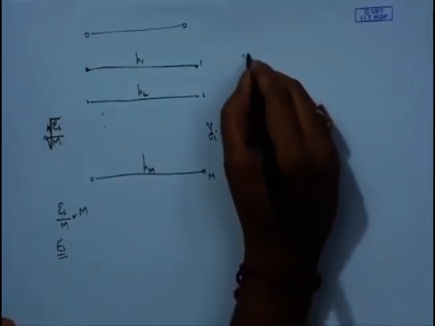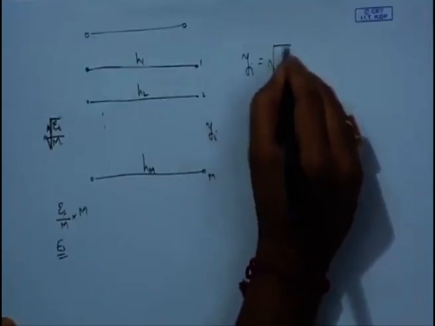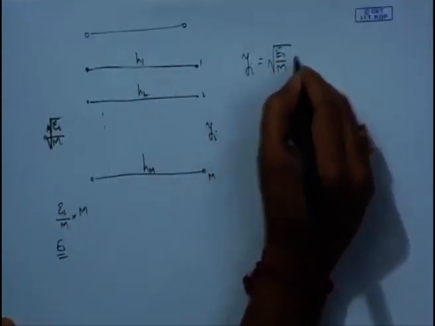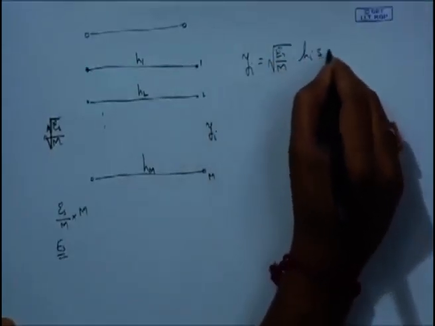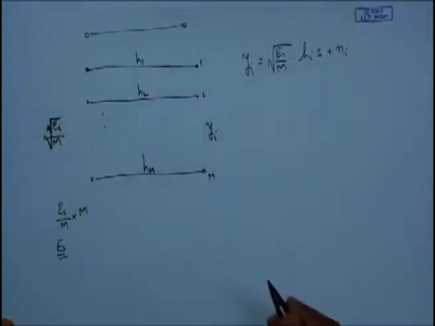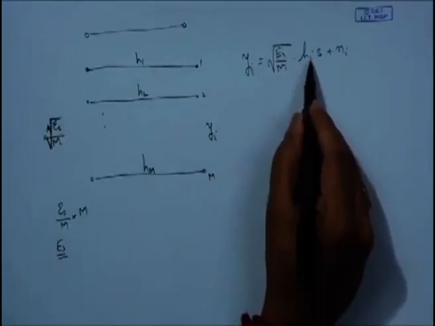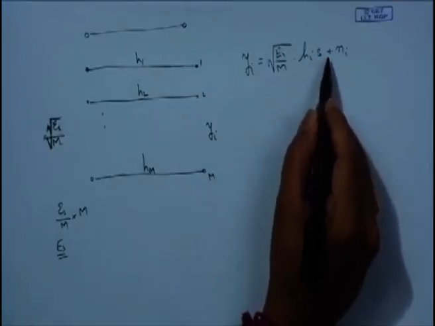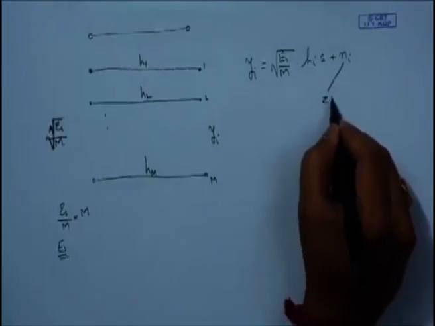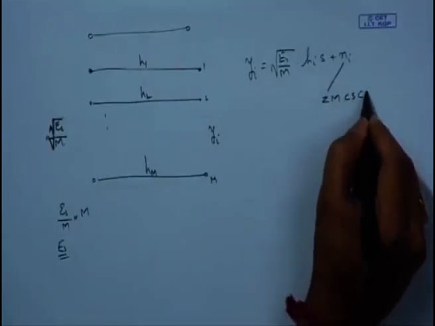So the received signal yi is equal to root over Es upon M times hi s plus ni. This is pretty straightforward. hi is the channel coefficient, s is the signal, and n is the noise. Noise is zero mean, circular symmetric, complex Gaussian.